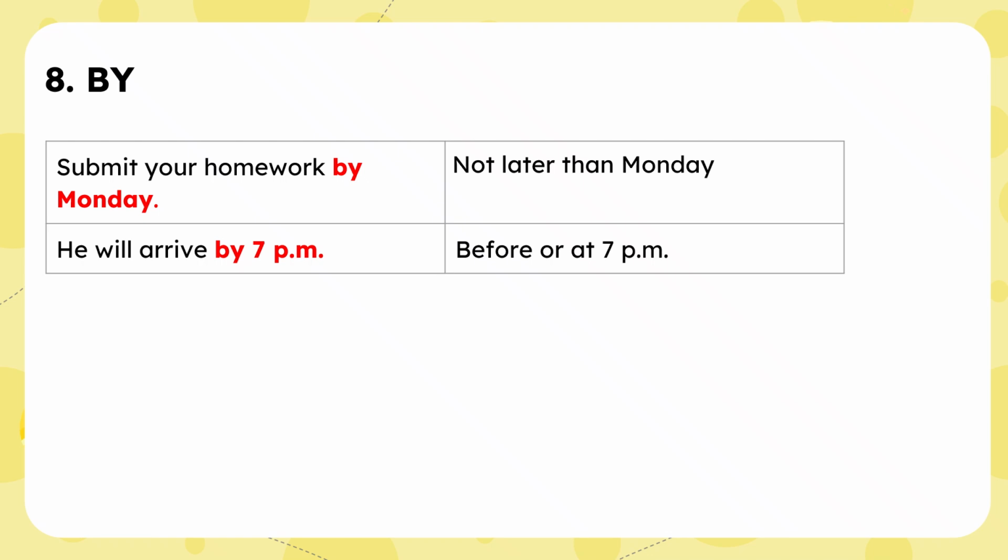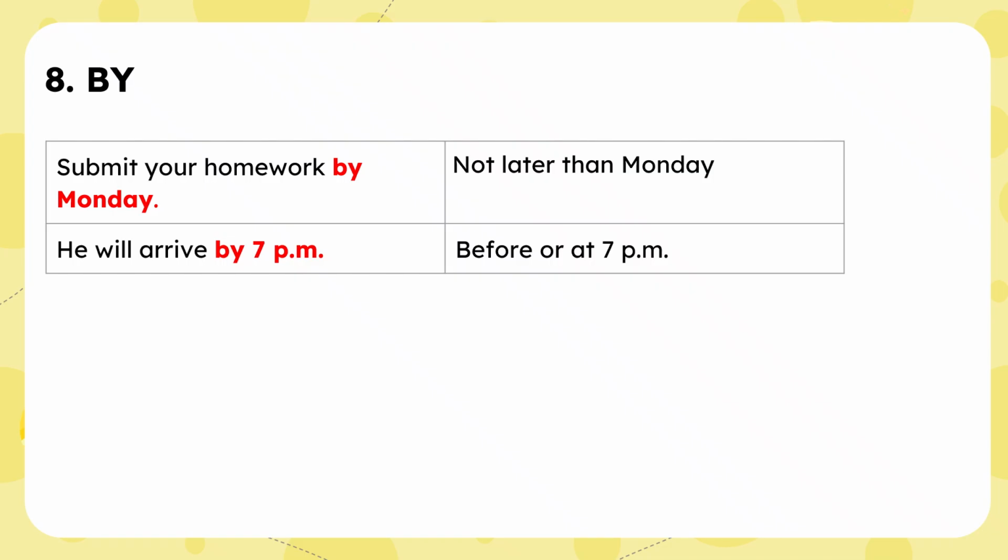By means at this particular time, or before that, you have to complete this work. So submit your homework by Monday means before Monday or exactly on Monday you have to complete your homework. After Monday that won't be possible. So on Saturday, on Sunday, or maybe on Monday, but not after Monday.